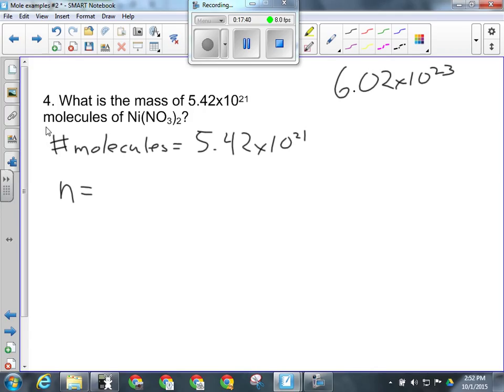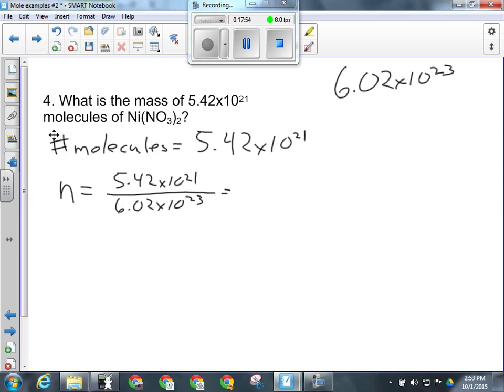That's my first step: find n, because I need it if I'm going to find mass, because I need it for the mole equation. So 5.42 times 10 to the 21, the number of molecules, divided by the number of molecules in 1 mole, will tell me the number of moles. Is it okay if this is a really small number? It is. Look at these two numbers. This one on top is way smaller than the number on the bottom.